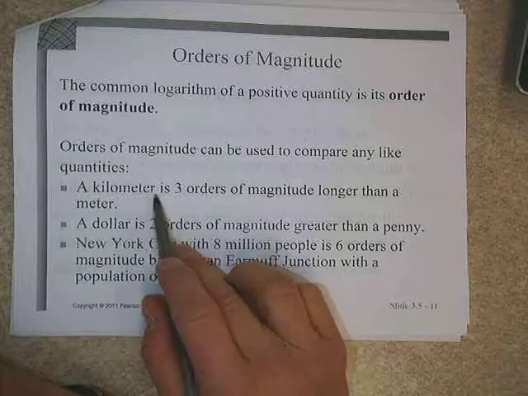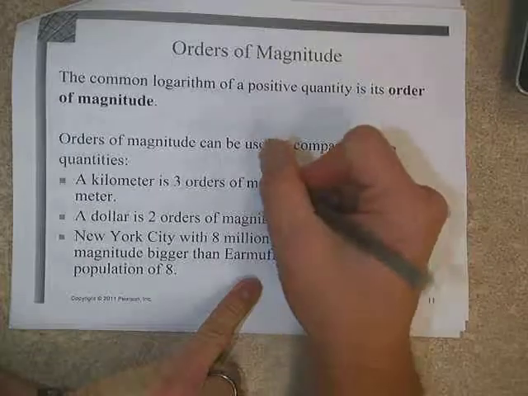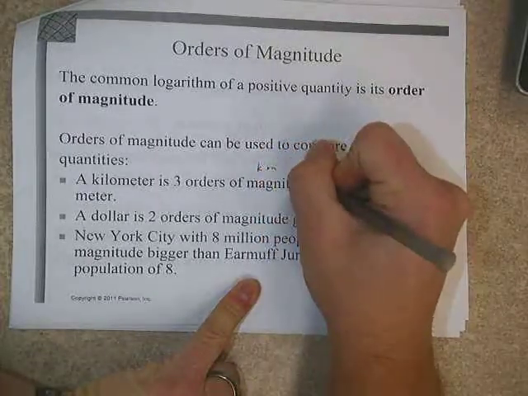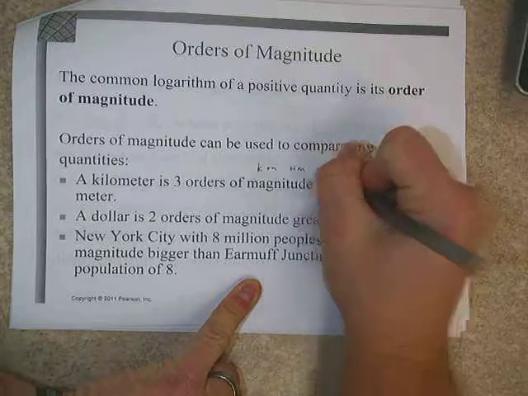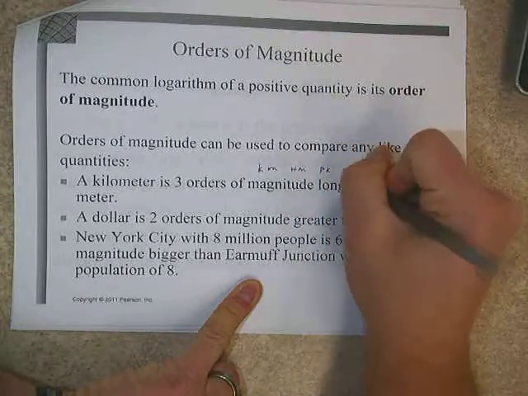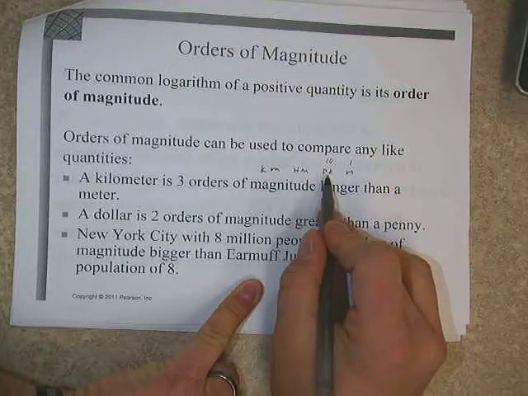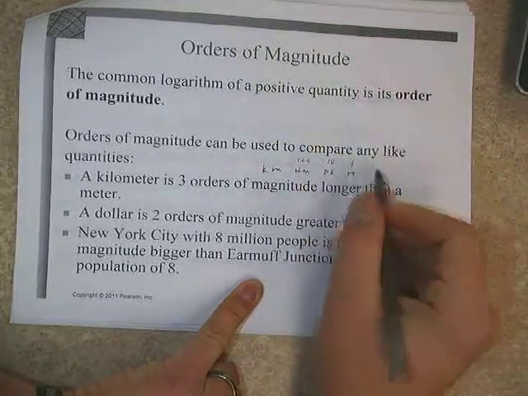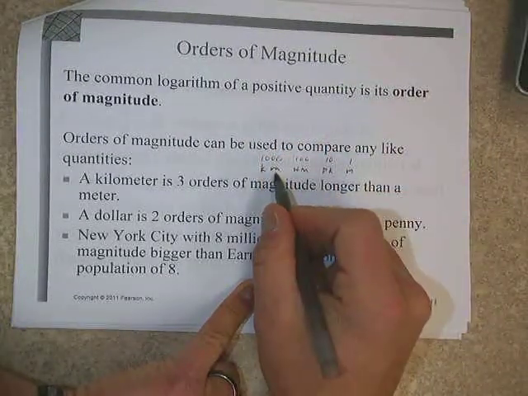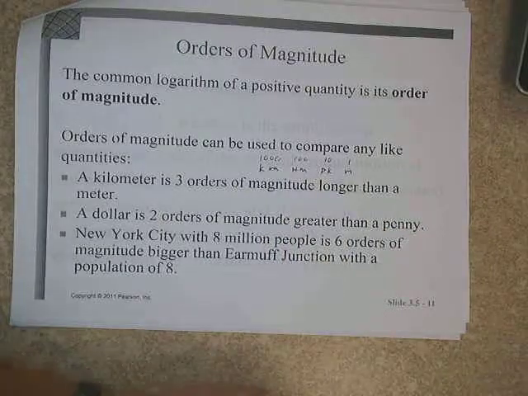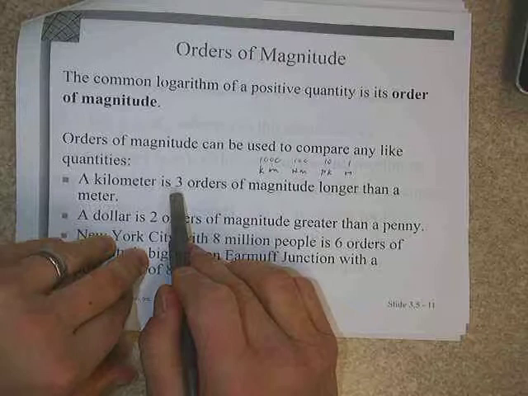These are just a few examples of things that differ in order of magnitude. We say that a kilometer is 3 orders of magnitude longer than a meter. Ultimately, because if I have a kilometer, the next smallest is the hectometer, and a decameter, and then a meter. And remember, if a meter is 1, 10 times more than that would be the next one, 100 times more than the meter would be the next one, and then 1,000 times more would be this one.